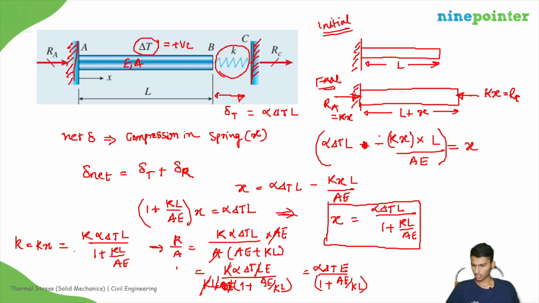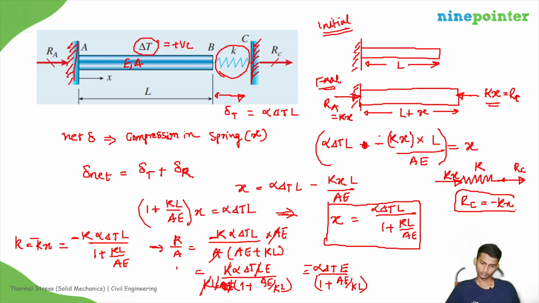This is the reactive force R by A. It should be equal to C. If this is applying this much force, then, okay, we are taking RC like this, and this will apply this as Kx, right? So this should be minus Kx. So RC will be equal to minus Kx. So this is what R by A is.